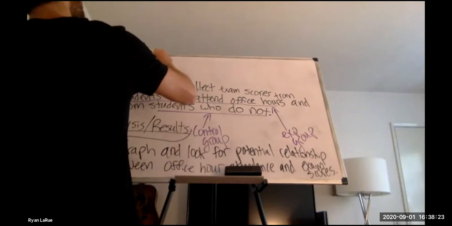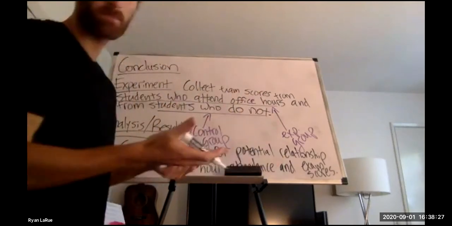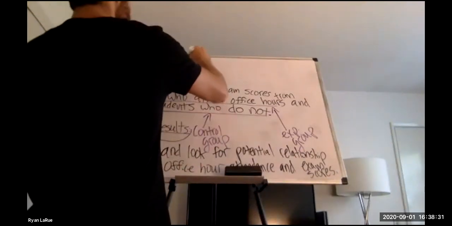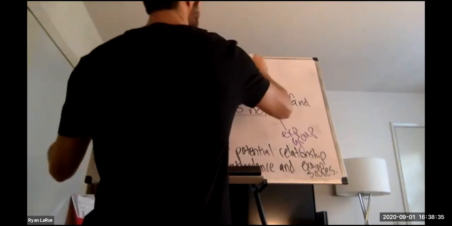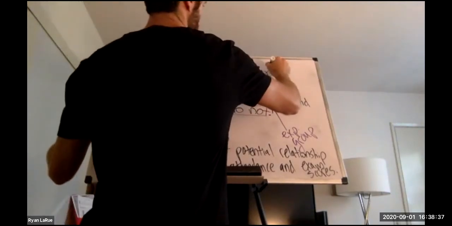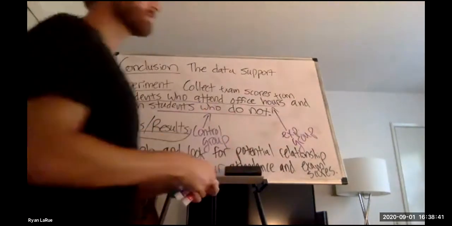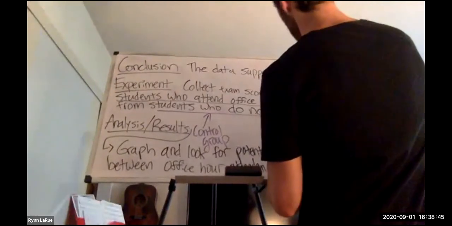What do our results tell us? And let's just say, for our example, that the hypothesis is valid and that the data support the hypothesis. In other words, attending office hours increases students' grades or something. So the data support the hypothesis.